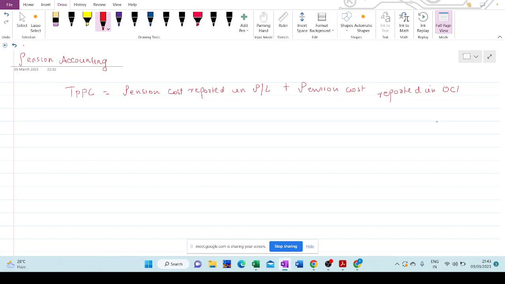And we had also discussed that total periodic pension cost is the same under GAAP and IFRS, but differ on where the pension costs are reported.